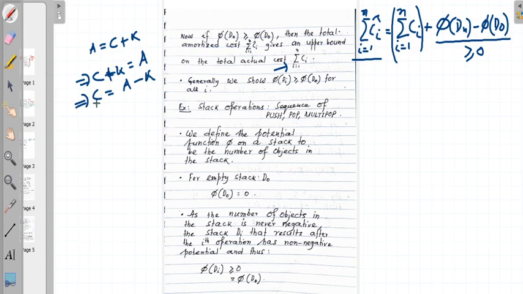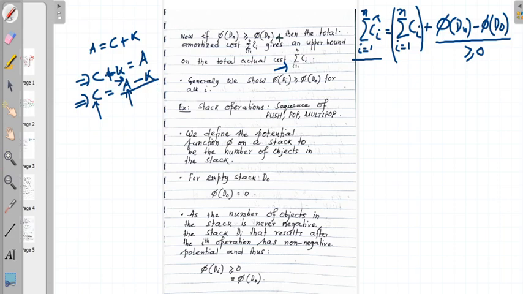So you see this actual cost is bounded above by the amortized cost minus some positive quantity we are subtracting. So the actual cost is always upper bounded by the amortized cost. Either it will be equal to the amortized cost or less, since the A minus K term is coming.